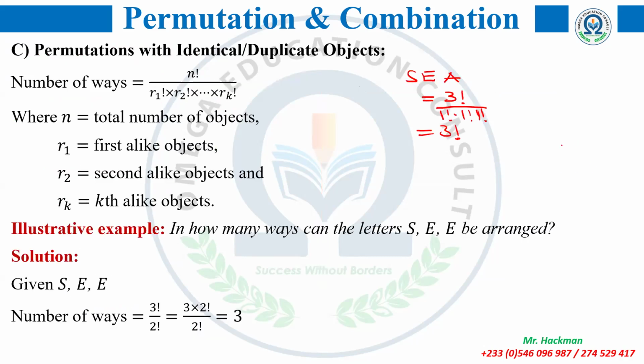If we're looking at SEE, and want to arrange this, SEE is one arrangement of them. Am I right? We can also have ESE as a possible arrangement. Do you agree? We can have EES. Do you agree? Any other possible arrangement that we can think of that has not been catered for?